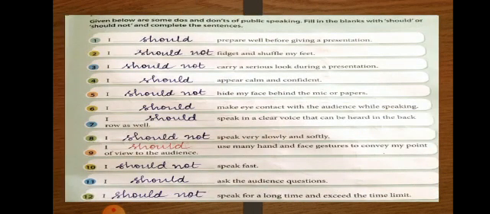Now the next chapter is about public speaking. Being able to speak clearly and confidently is an important skill. While it may seem daunting at first, with regular practice one can become an effective and confident public speaker.